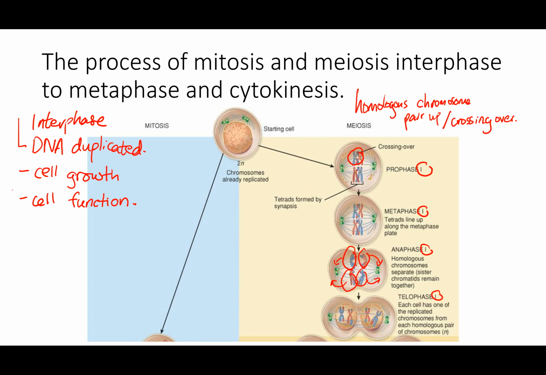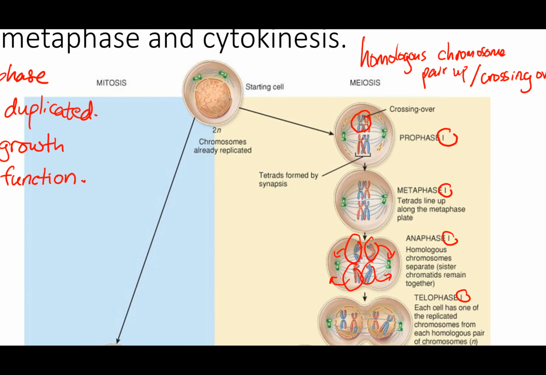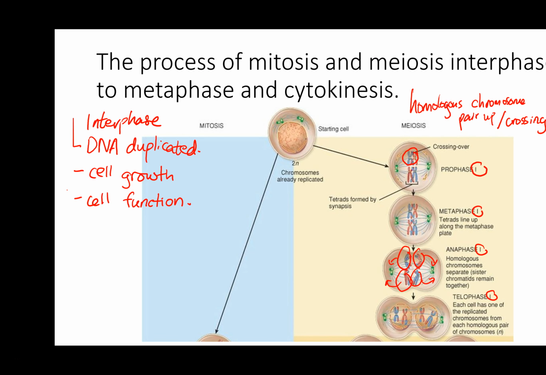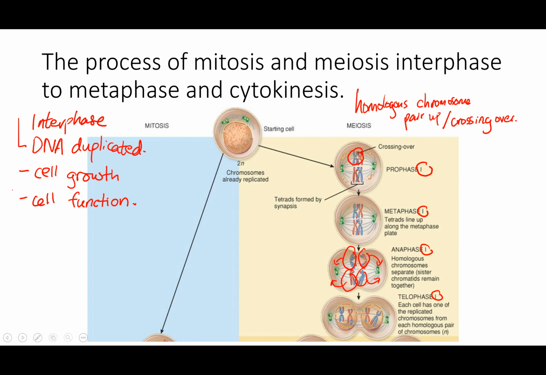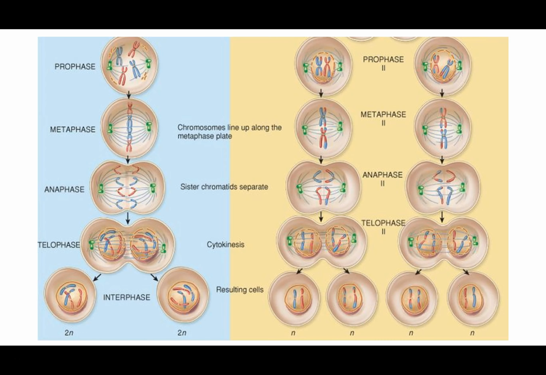And then in telophase, the chromosomes have reached the opposite sides, and you see that this pinching process is happening. And then after that, you're going to have cytokinesis. So cytokinesis, you're going to split into two cells.